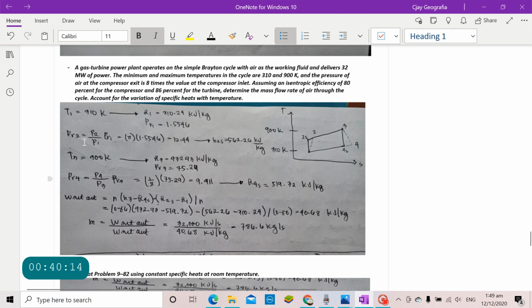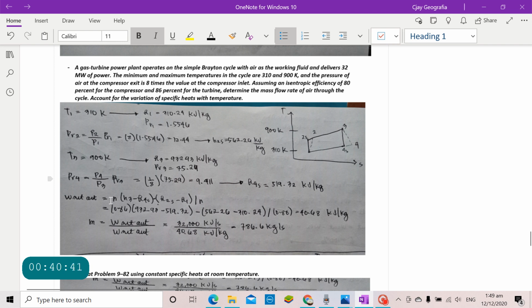The same process applies. I think you are very much masters of doing this. I put the formula and you get the answer. This is the diagram, with variable specific heats. So next, after finding T2 and Pr4, you will solve for the totality of the work.